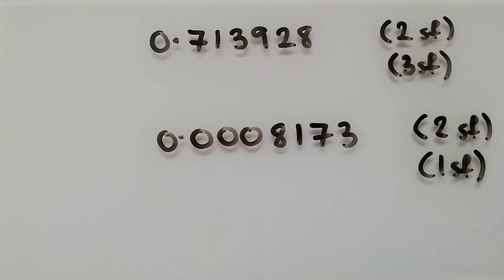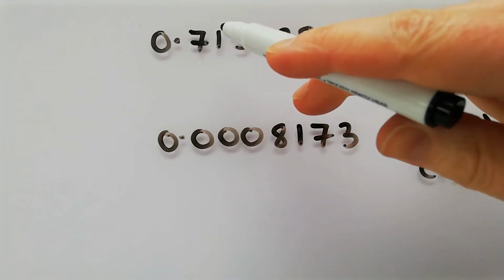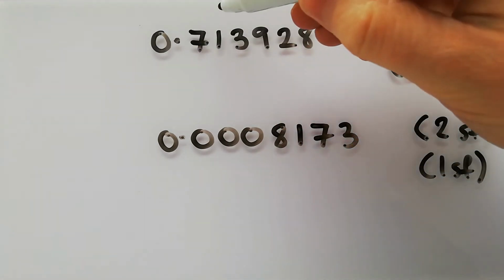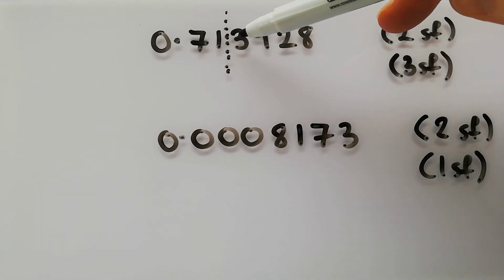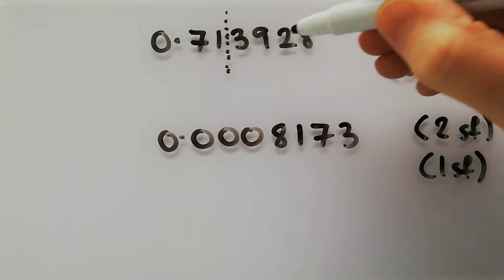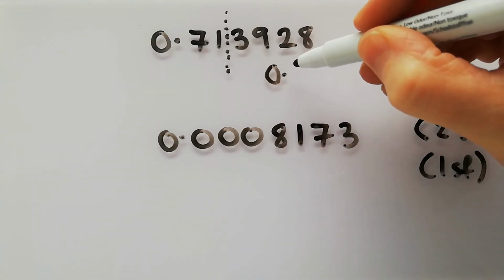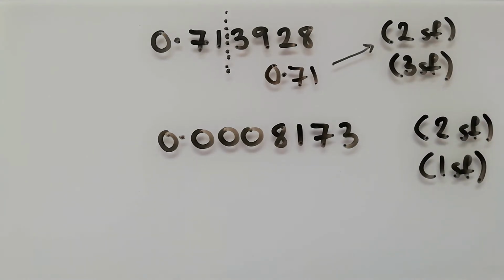Okay, so looking at the top one, that's my first significant figure, that's my second significant figure, so I make a cut there. The number to the right of the cut is less than 5, so nothing changes. So the first one is 0.71 to 2 significant figures.